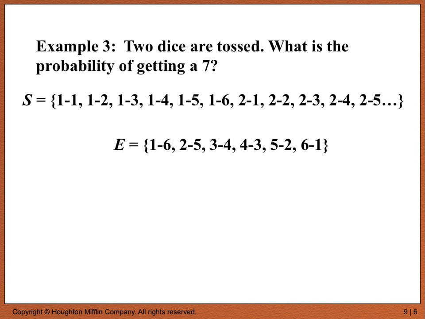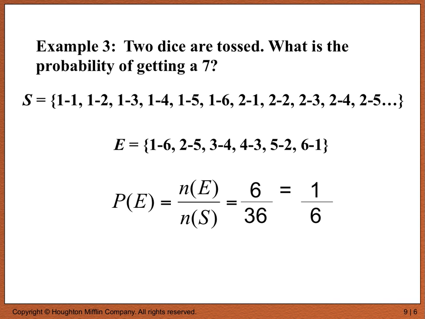Our event space, these are all the different ways that I can get a sum of 7. 1, 6, because 1 plus 6 is 7. 2, 5, because 2 plus 5 is 7. 3, 4, 4, 3, 5, 2, 6, 1. This is my event space.